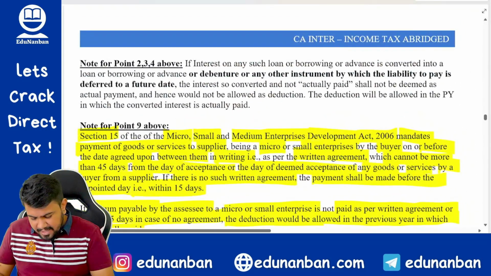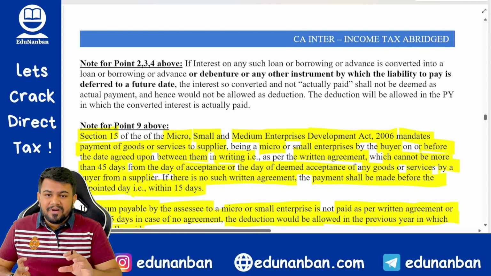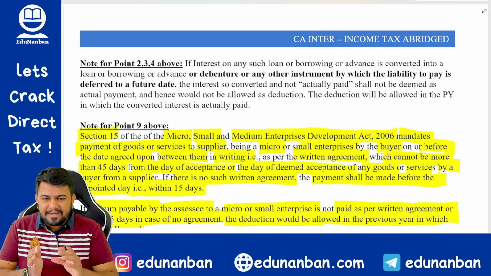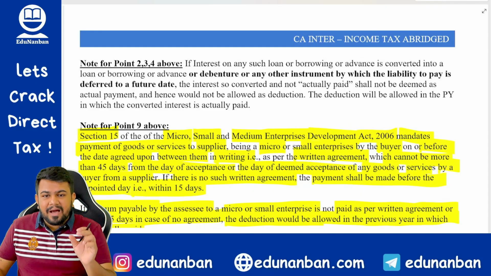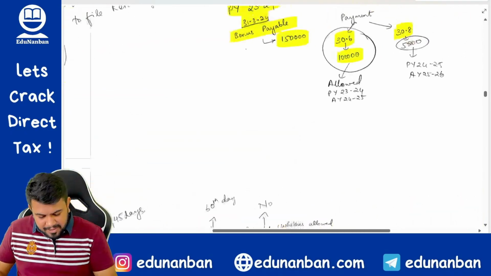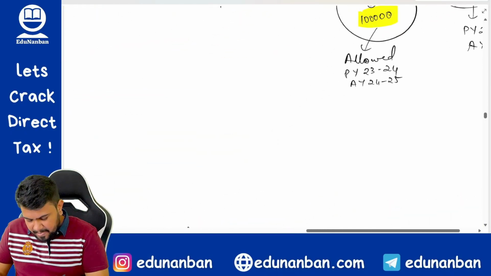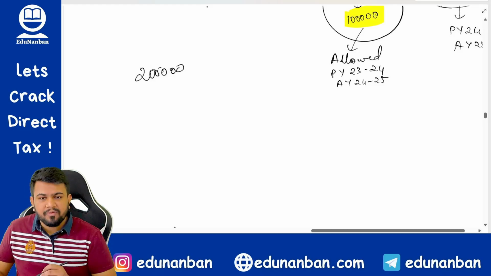If this interest is not paid and is later converted to loan, then such interest will be allowed as deduction only when that loan is repaid. Let me give you an example. Let's say an amount of 2 lakh rupees as interest was to be paid.